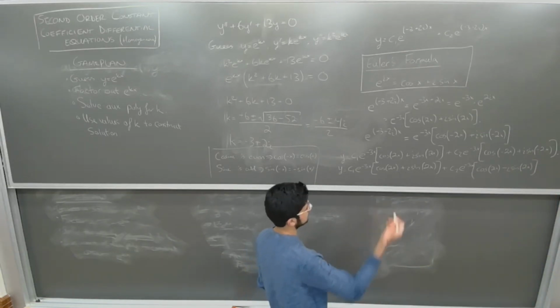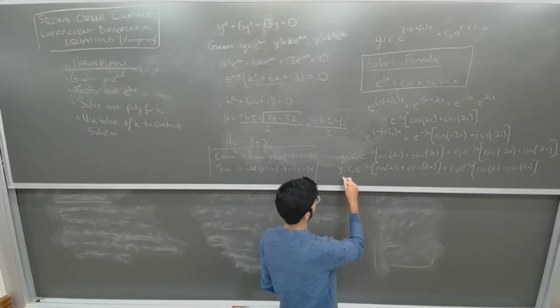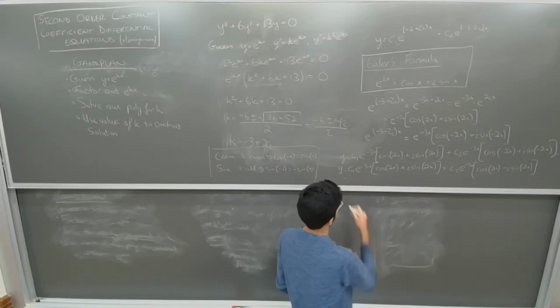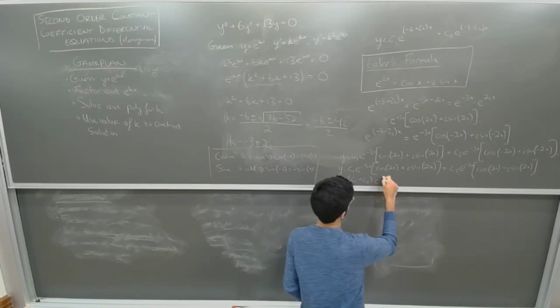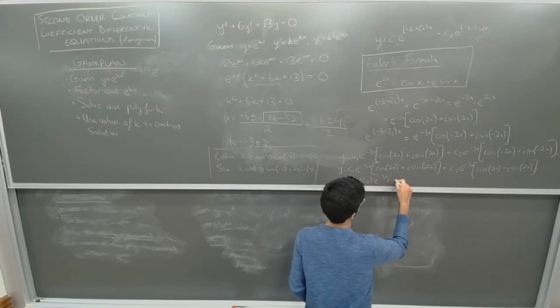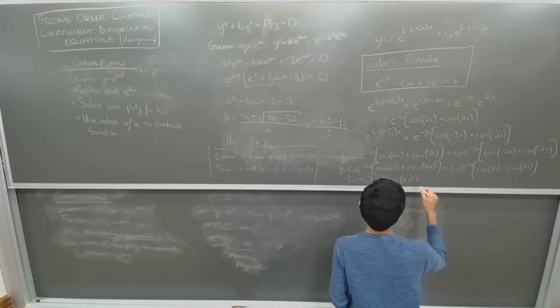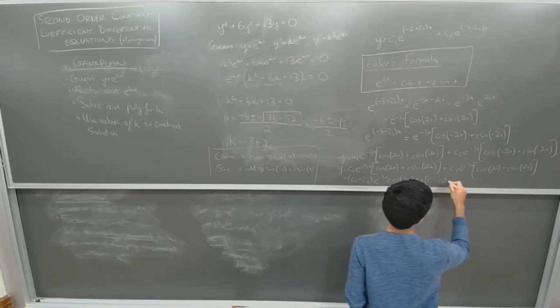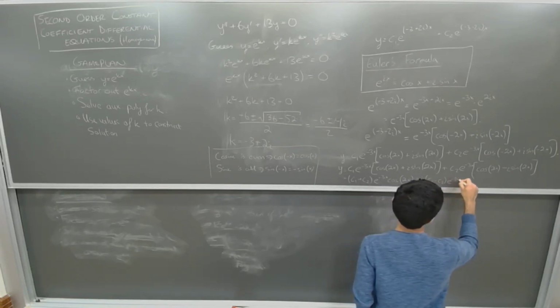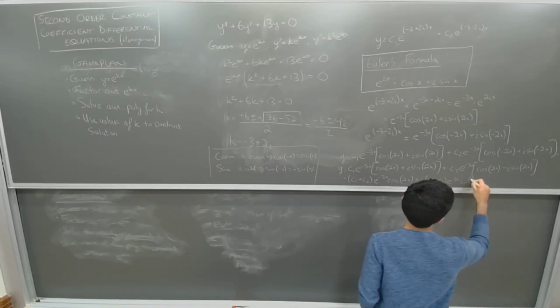From here you can group like terms and say that this is equal to something like c1 plus c2 times e to the negative 3x cosine of 2x plus i times c1 minus c2 times e to the negative 3x sine of 2x.